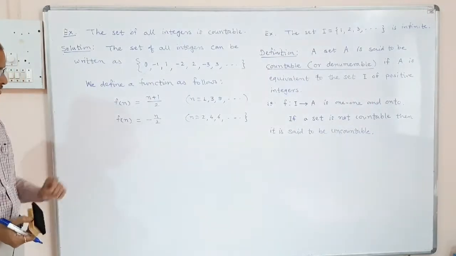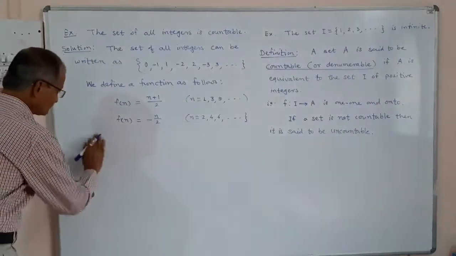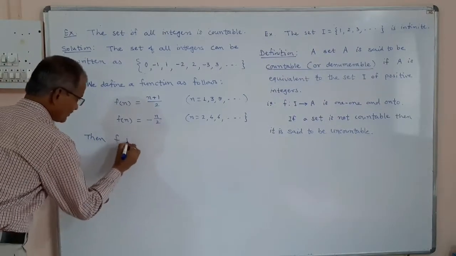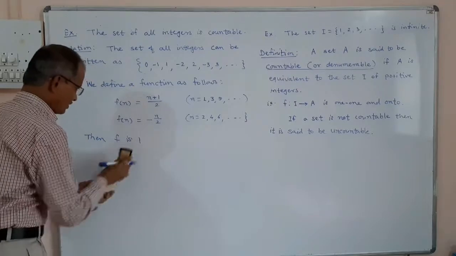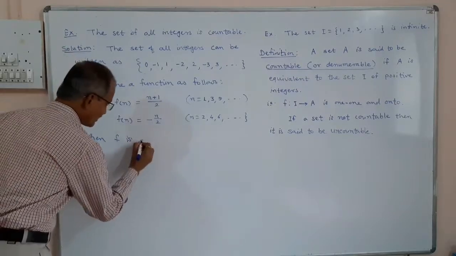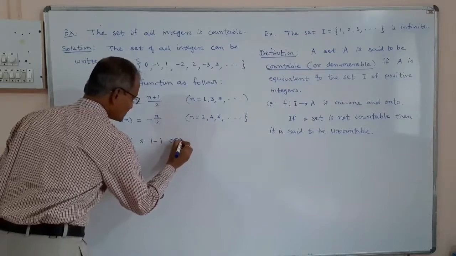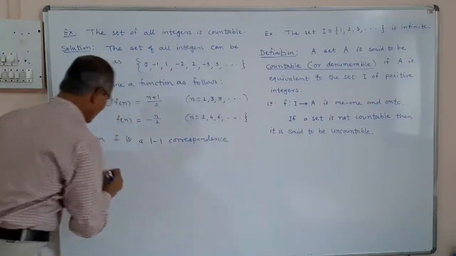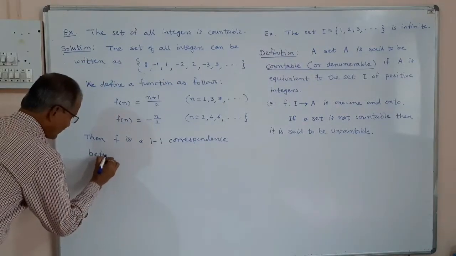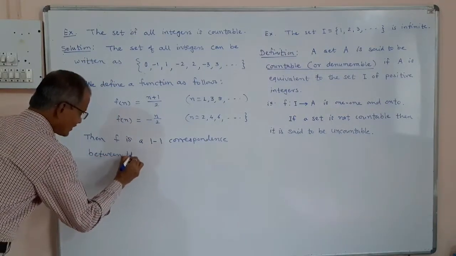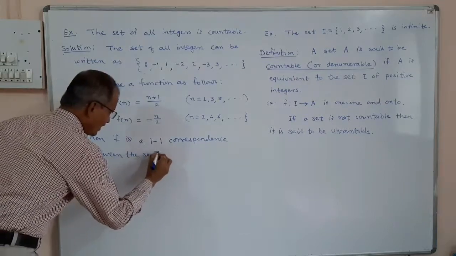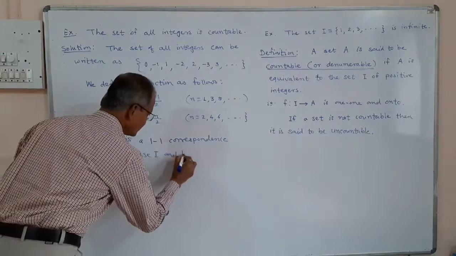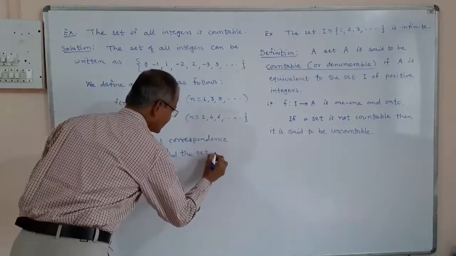Now what will be its images? Then f is a one-to-one correspondence between the set I of positive integers and the set of all integers.